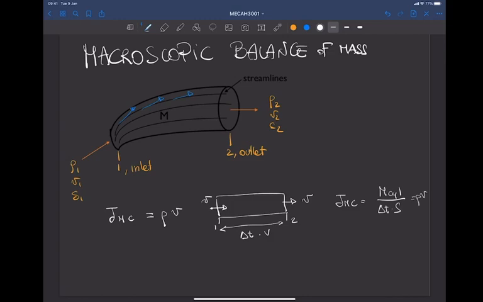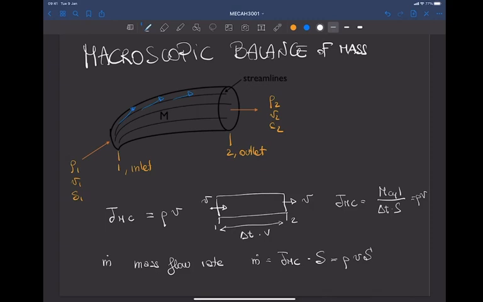Okay, now the quantity that we want to conserve here is the mass flow rate, and the mass flow rate, which we indicate with m dot, is nothing but this convective mass flux times the surface. So it's the product rho v times S. Okay, so this is the definition of the mass flow rate.